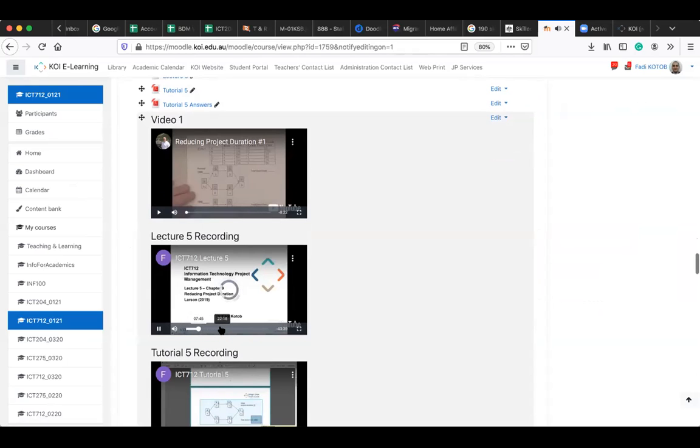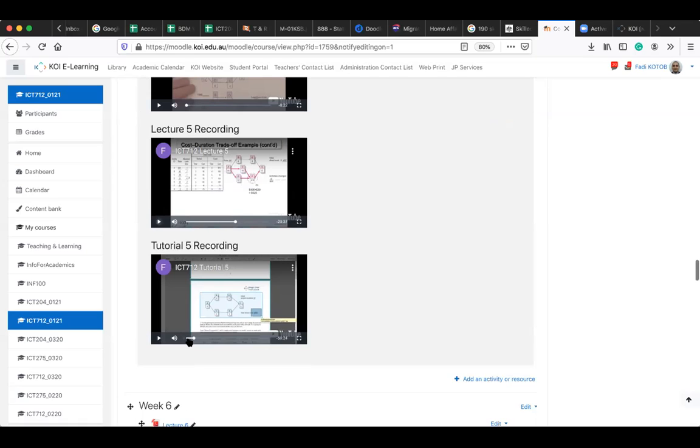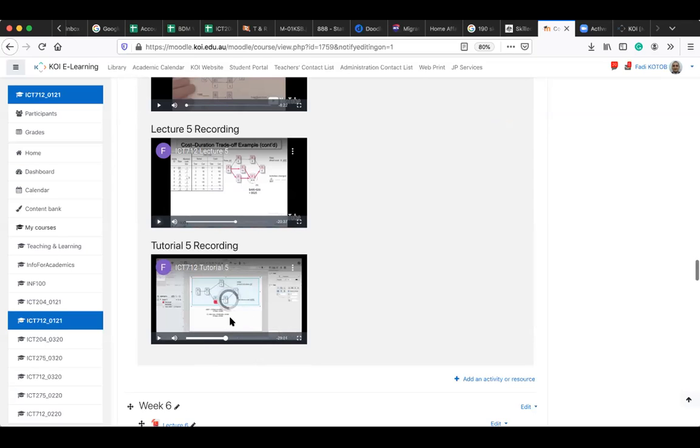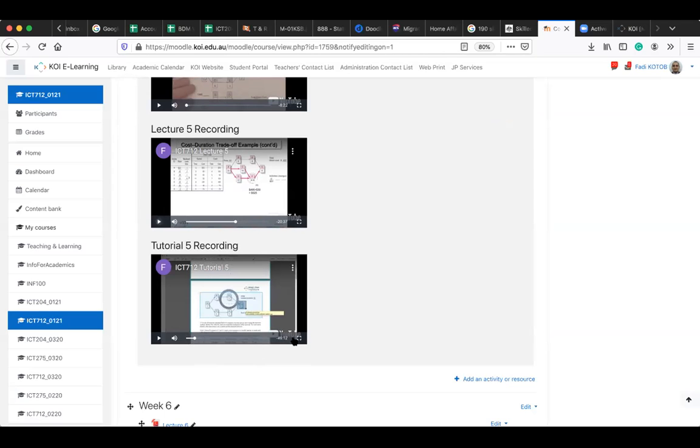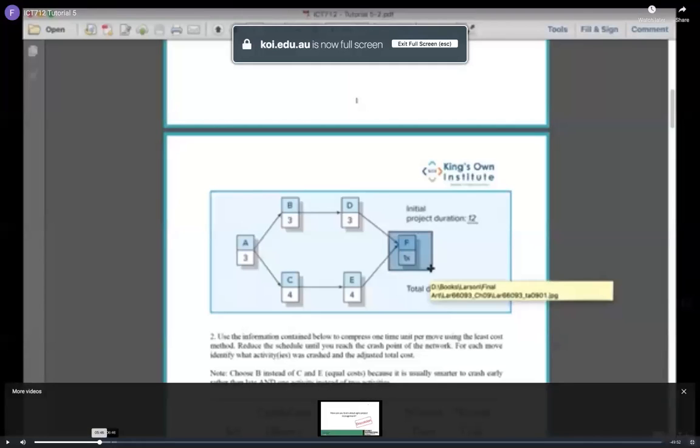I can show you how we covered the direct and indirect costs, step by step, so you can see how things change and how I'm adding figures so that you're able to follow it. I've done the same thing in the tutorial. We went through every exercise, and I tried to draw things for you on the board, live, so that you would be able to see.